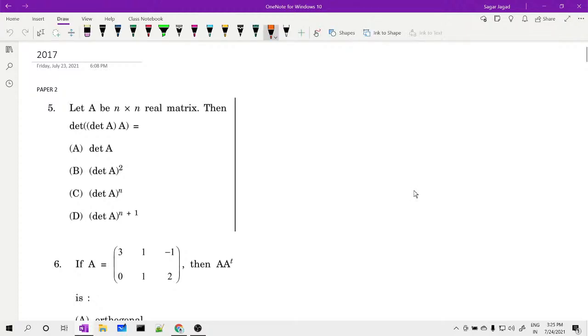Let A be an n cross n real matrix. Then what is the determinant of A? Suppose I just take a 2 cross 2 matrix like this, with entries A, B, C, D. What I have to do is multiply the determinant of A with it, so it is being multiplied to each element, right?